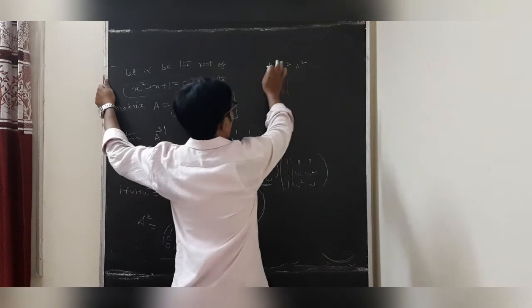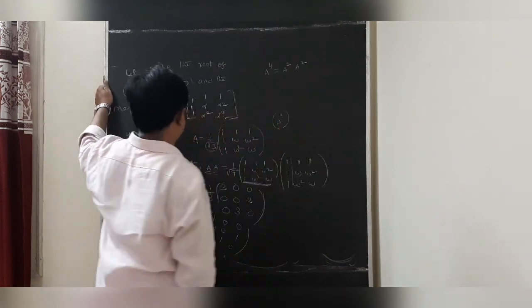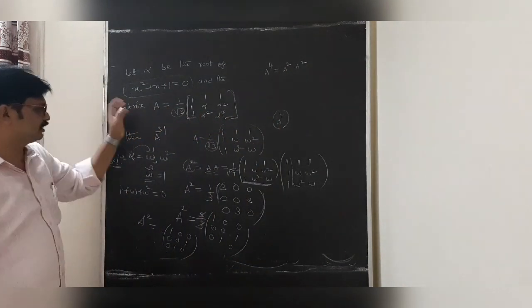So just observe: a square is a into a, that is 1 by root 3 into 1 by root 3, 1 by root 9. So omega power 4 is also omega. This is our observation: omega power 4 can be written as omega cube into omega, that is omega. Now, what is a square? We got right now 1, 0, 0; 0, 0, 1; 0, 1, 0.